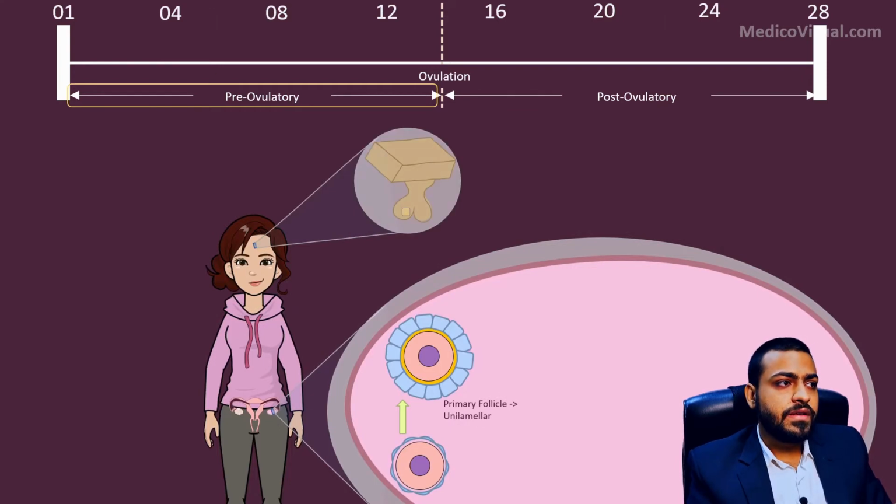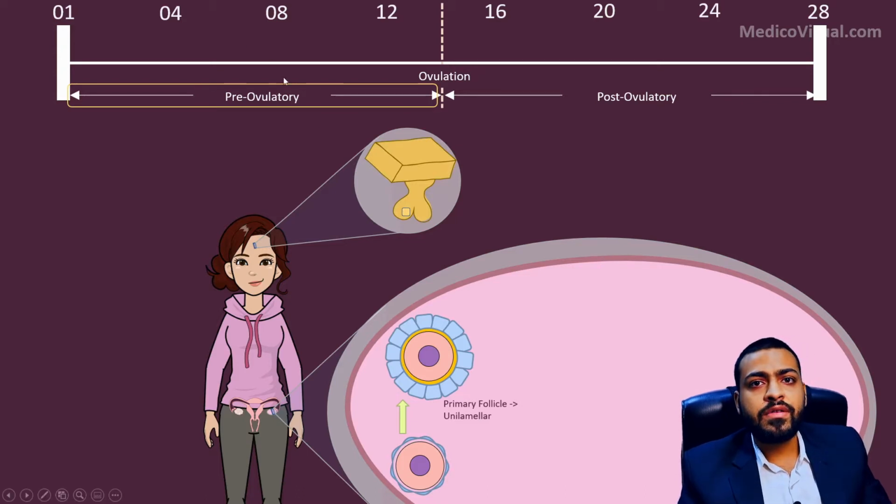Then what happens? As the female is maturing and advancing in age, her brain also starts maturing, and her hypothalamus starts releasing a special hormone called gonadotrophin releasing hormone.